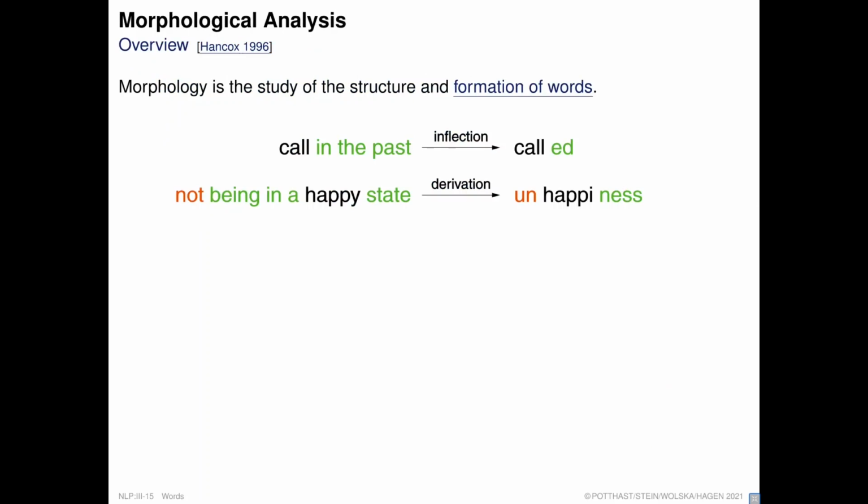Okay, so let's look at what it is that words consist of. Words are formed of smaller parts, smaller linguistic entities, and the area of linguistics that studies the composition of words is morphology.